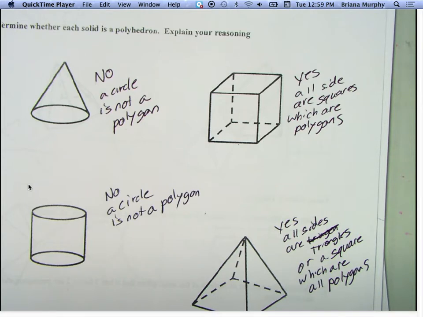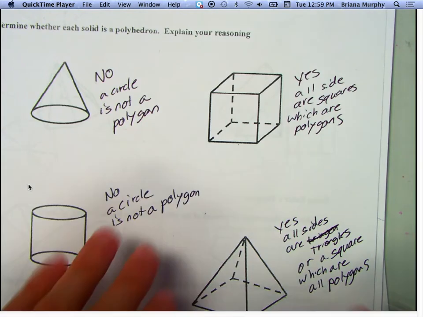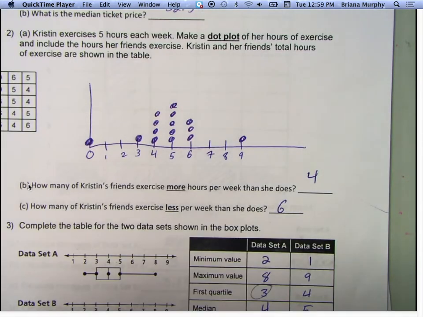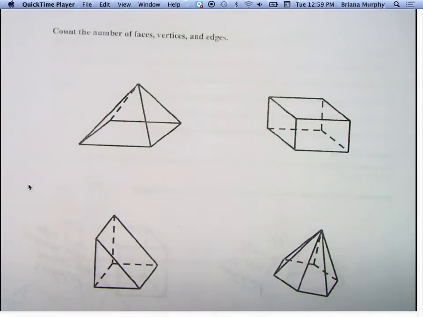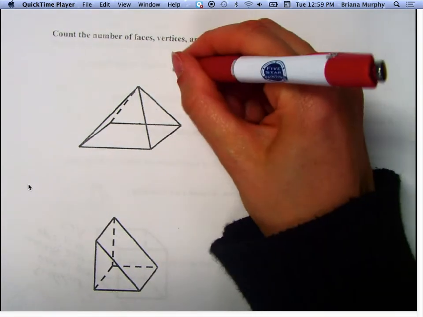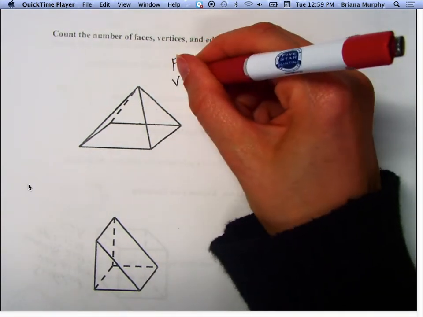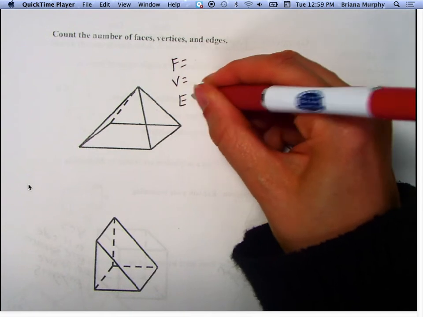Okay, let's go ahead and turn the page. Now we are going to count the number of faces, vertices, and edges of each of these polyhedrons. I'm going to put F for faces, V for vertices, E for edges.